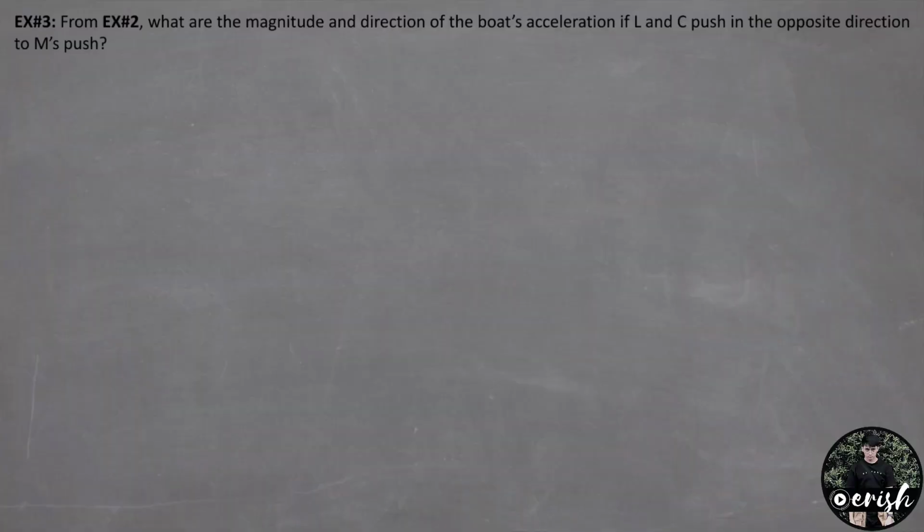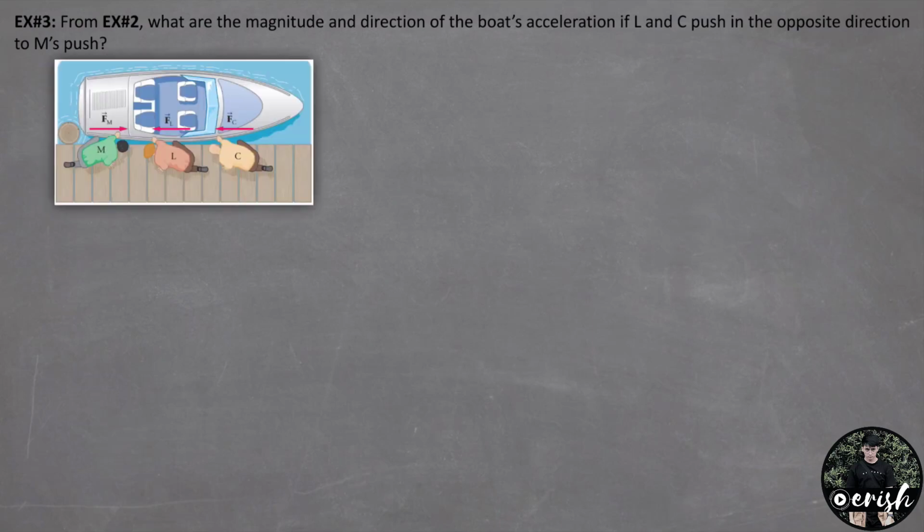From the previous example natin, what are the magnitude and direction of the boat's acceleration if L and C push in the opposite direction to M's push? Nag-iba ng direction yung forces na na-exert ni L at saka ni C. Pakontra na sila doon kay M. So, hindi na sila equal lahat ng forces unlike sa previous example natin.